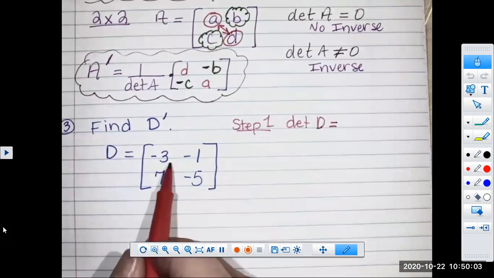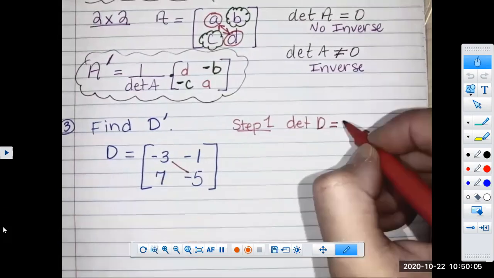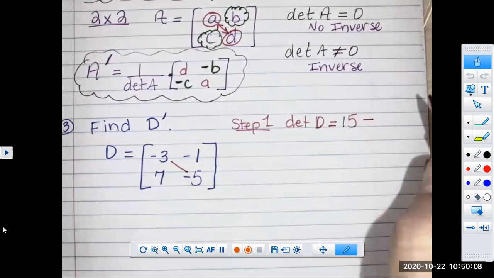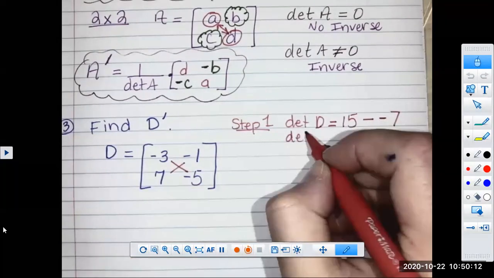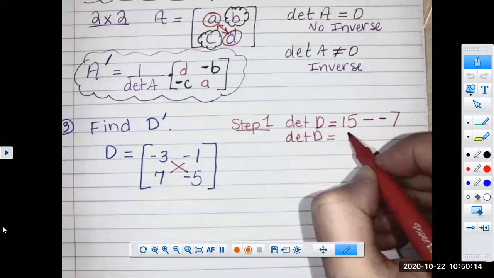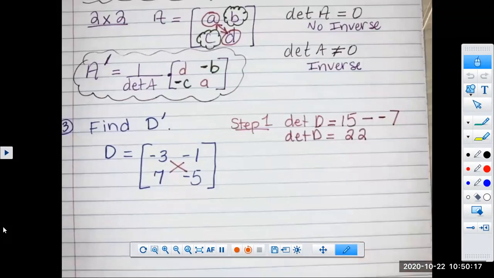Multiply this way, and that gives you positive 15. Multiply this way, that gives you negative 7. Determinant is 22. So we're good to go. It does have an inverse.